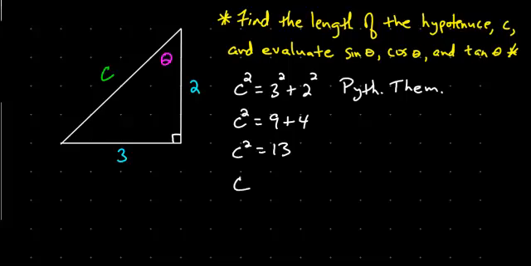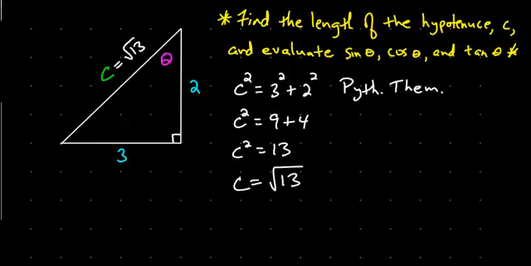So C is going to be the square root of 13. It's a triangle, so it's not plus or minus, it's going to be the positive square root of 13. Let's leave it at that. You could get a decimal approximation here, and if you're an engineer, you would. If you're math folks, you like to keep this nice, pretty square root of 13.